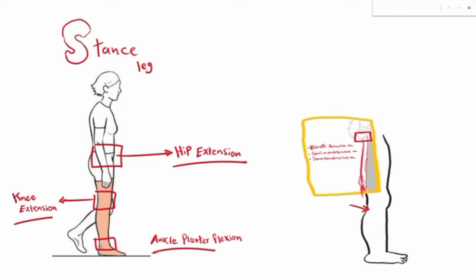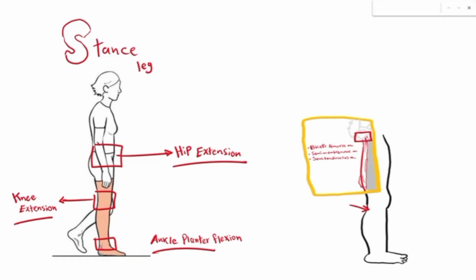Their origin is, for example, mostly the ischial tuberosity, and then they insert in the posterior side of the tibia. They go through 2 joints, the hip joint and the knee joint, causing extension of the hip and flexion of the knee. But for now, for the stance leg, I'm concerned with the hip extension. If there's weakness in those muscles, I would have a problem extending or elongating my leg. As you know, the stance leg is mainly concerned with elongating the leg for weight bearing.